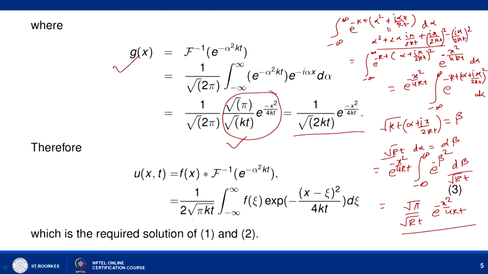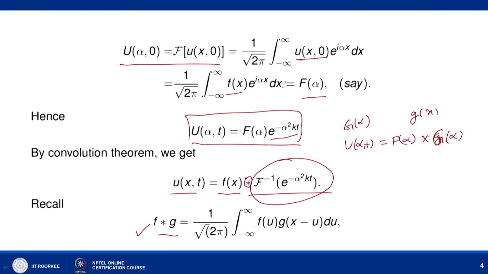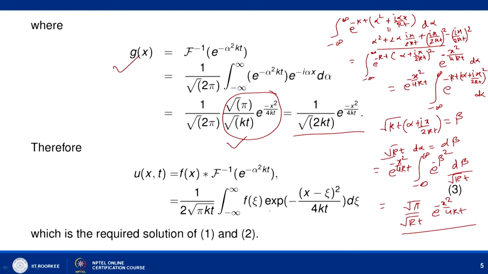So, 2 can be taken out, and we can write 1 upon 2 root pi kt, integral from minus infinity to infinity f of xi exponential of minus, in place of x we are writing x minus u. So, here u is replaced by xi. So, I can write minus x minus xi whole square upon 4 kt d xi.